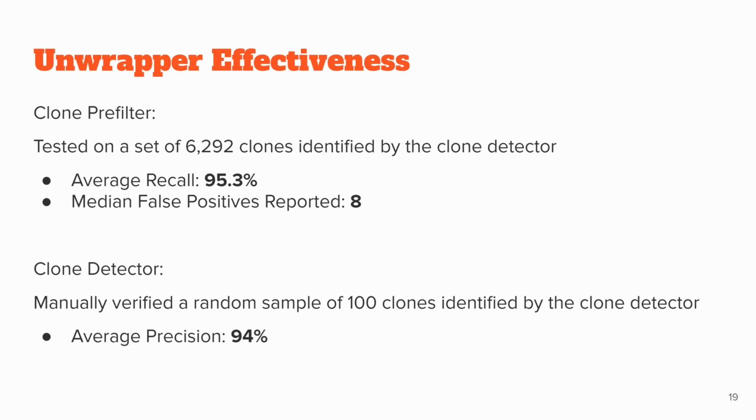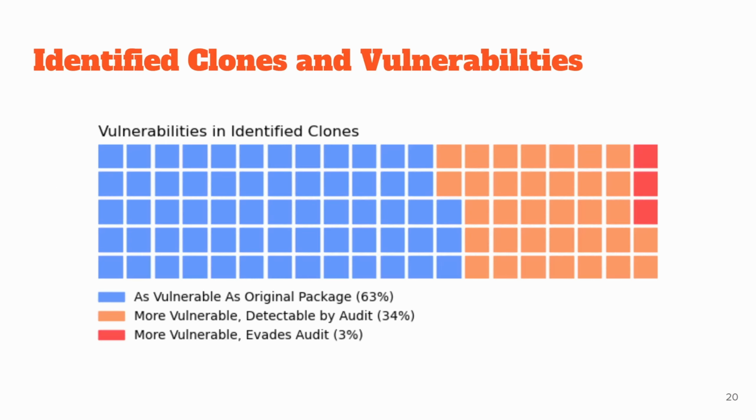The big finding of our work on Unwrapper is that clone packages are frequently more vulnerable than the most up-to-date version of the packages that they clone. And in a non-negligible number of cases, existing tooling can't detect these vulnerabilities. We find that 63% of identified clones are as vulnerable as the original package.